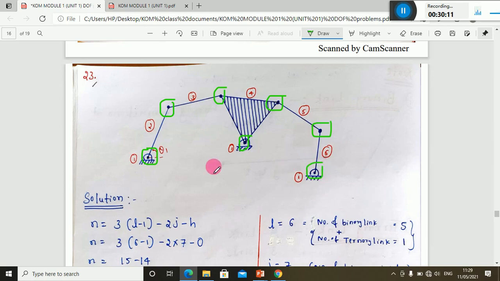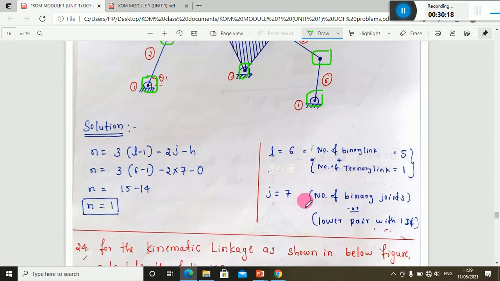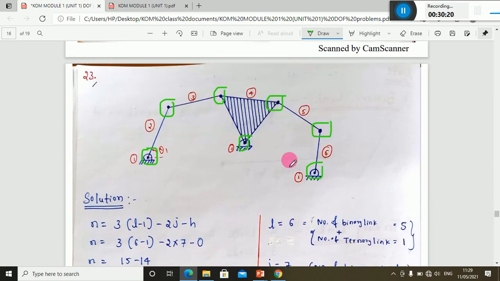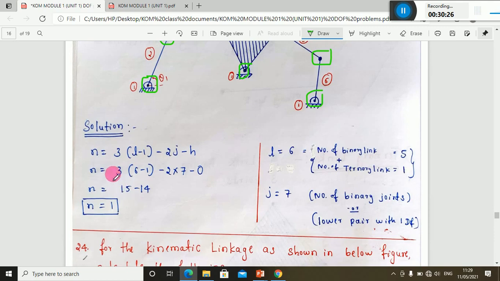Just count how many binary joints: 1, 2, 3, 4, 5, 6, 7. There are 7 binary joints. Since there is no point or line contact, the number of higher pairs is 0, H is 0. So after inputting the values of L as 6, J as 7 and H as 0, I get the degrees of freedom as 1.